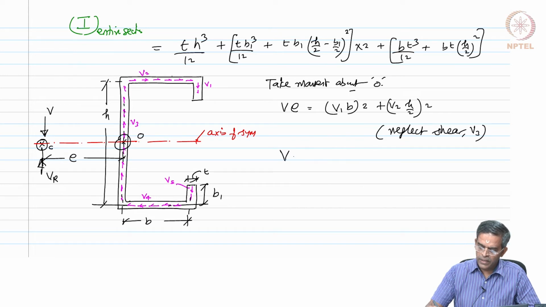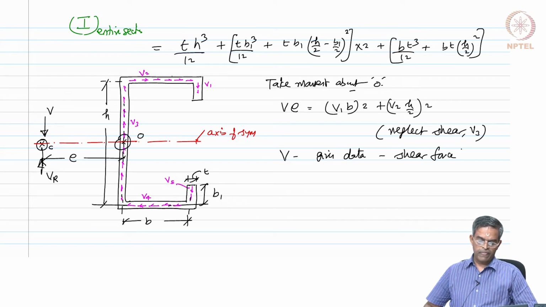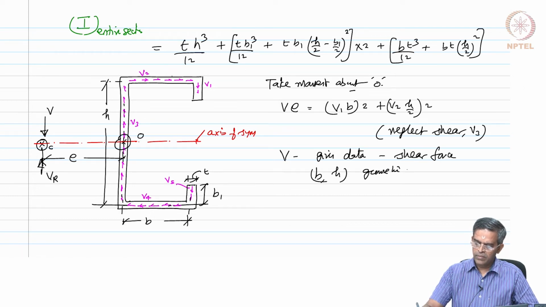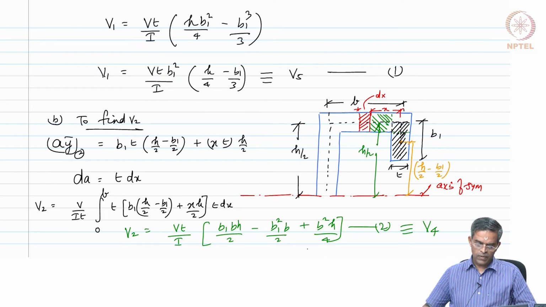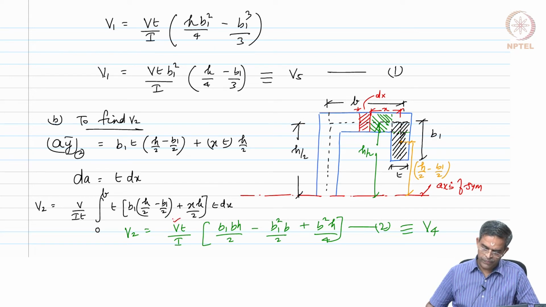Now V is given data, this is the shear force acting on the section. B, h are geometric data which are known. Look at this equation. If I know V, if I know T, and if I can compute I, I can compute V2 and V4.